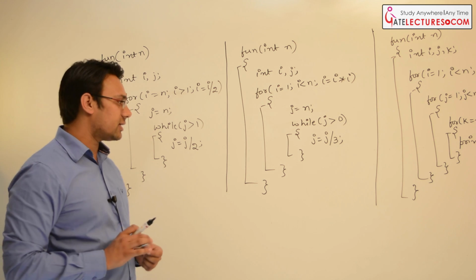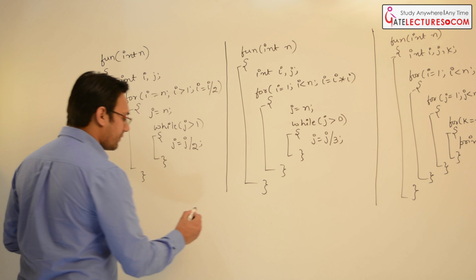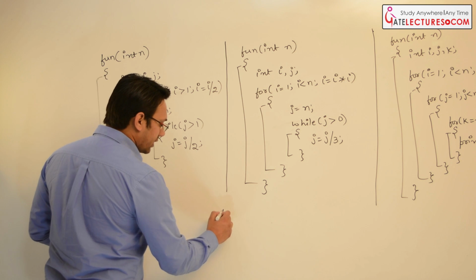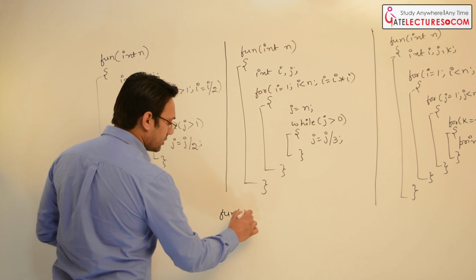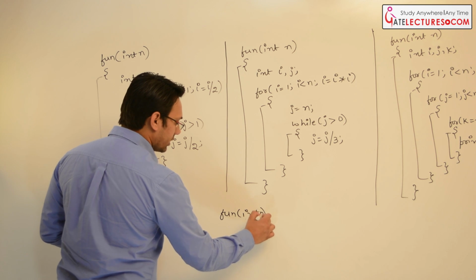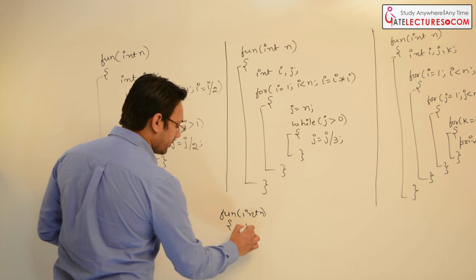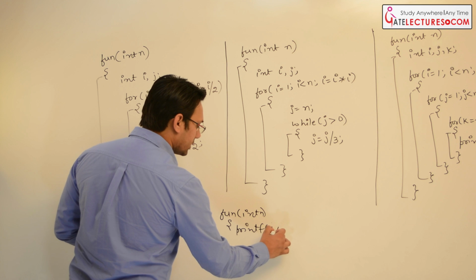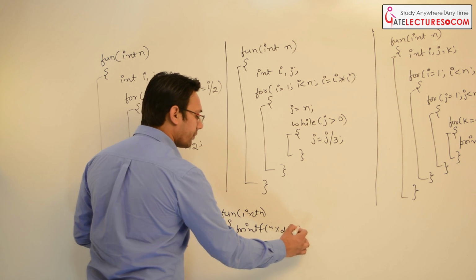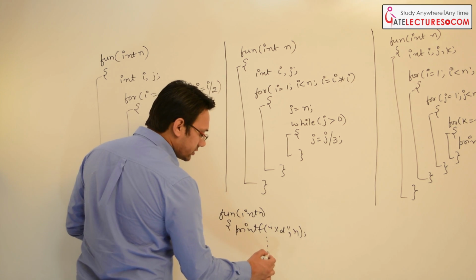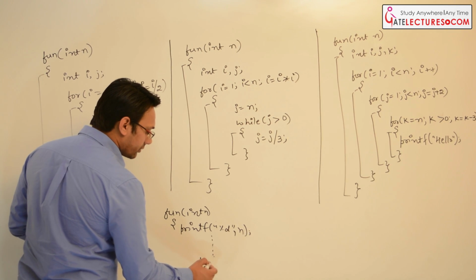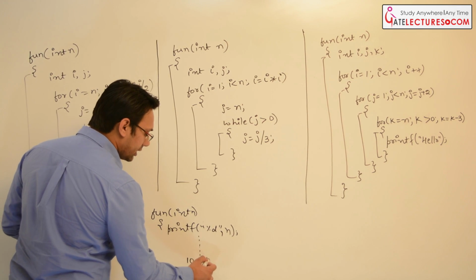Okay, what I am saying is, let us suppose we have a function like this: fun(int n), and we are doing printf("%d", n) for, let us suppose, 1 million times, or say 10 million times.